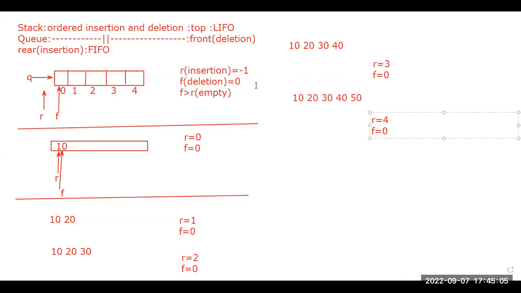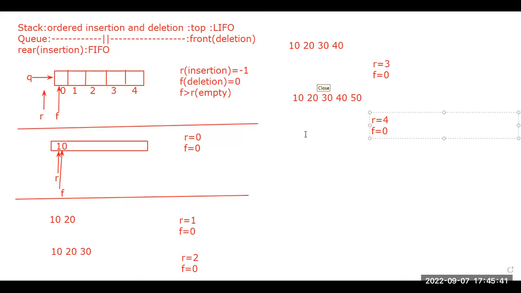How can you say that it was empty? F value was greater than R. Can you accept it or not? Whenever F value is greater than R, it means the queue is empty.